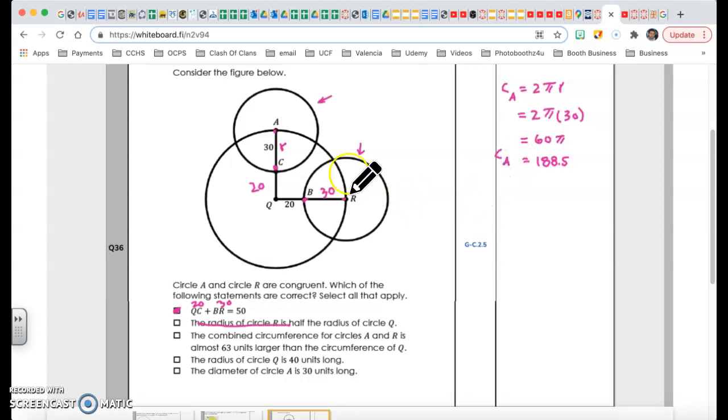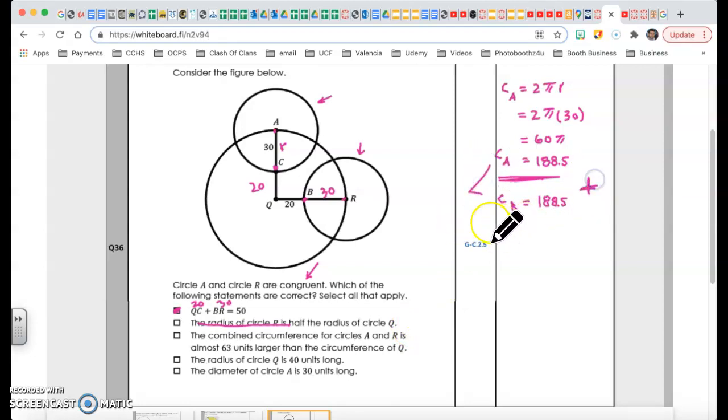But guess what? Circle A and circle R are congruent. Therefore, circumference for R has to be the same thing, 188.5. Now let's read. The combined circumference for circle A and R, combined. They want me to add those two.